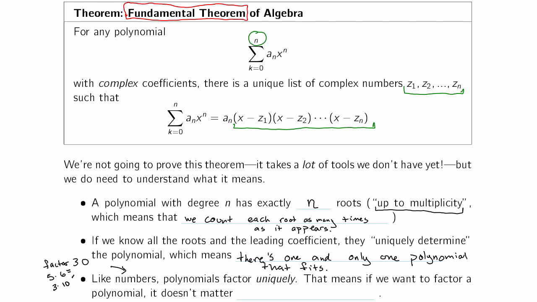And either way, we'd end up with 5 times 2 times 3. We can start however we want. Same thing with polynomials. If we want to factor a polynomial, it doesn't matter what factor we start with. We'll end up with the same polynomials at the end.